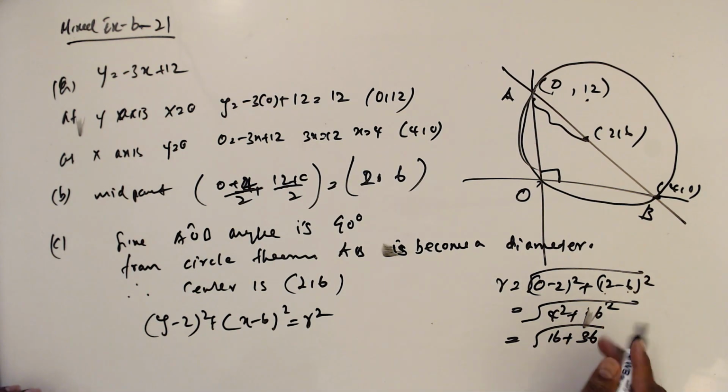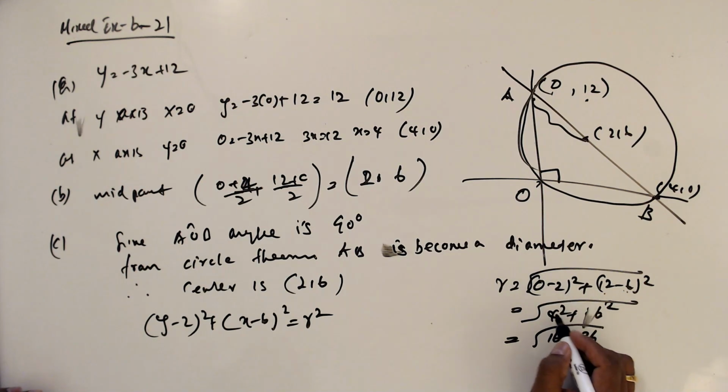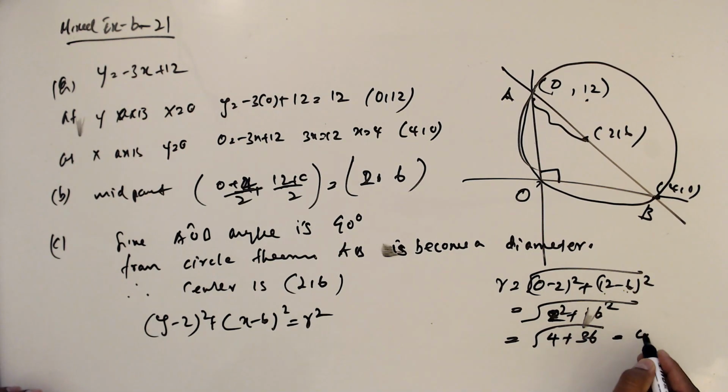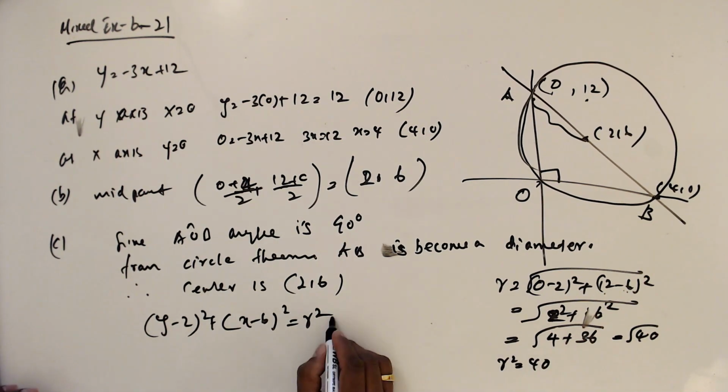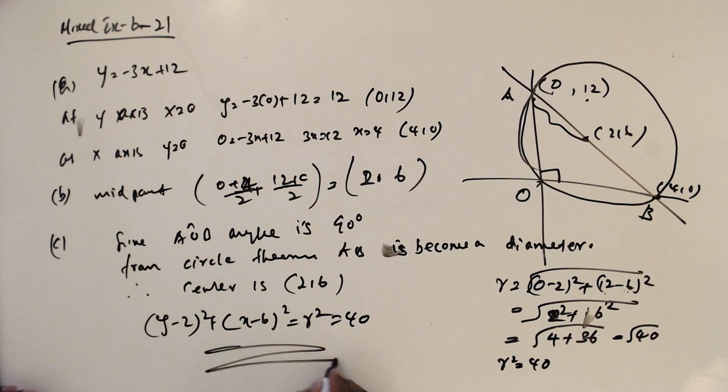Let me adjust this calculation. 0 minus 2 squared is 4, and 12 minus 6 squared is 36. So 36 plus 4 is 40. Hence r squared equals 40.